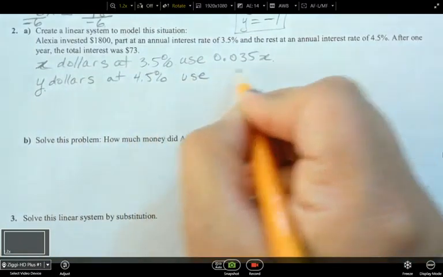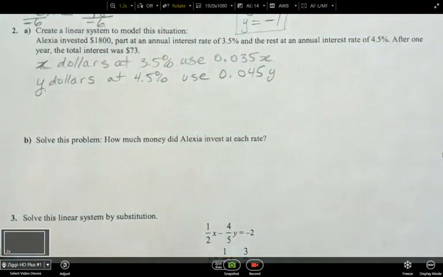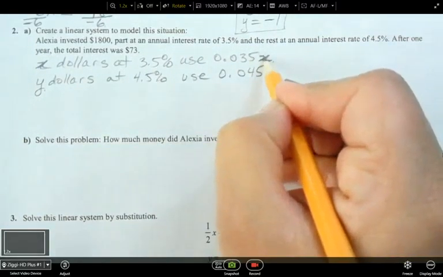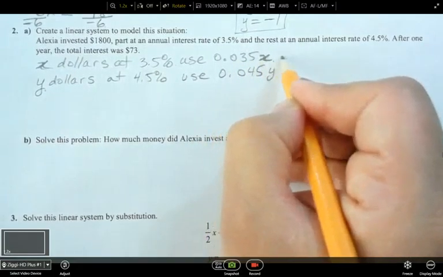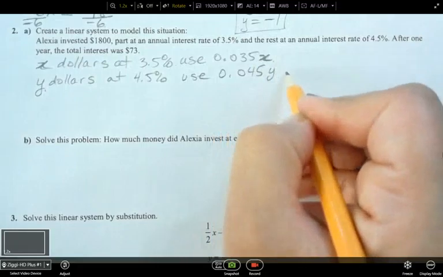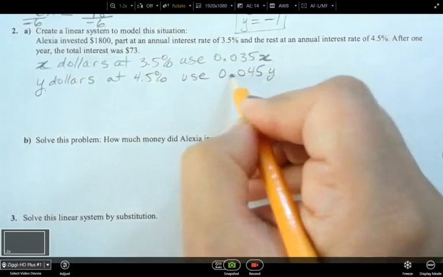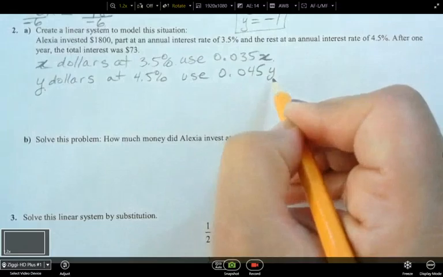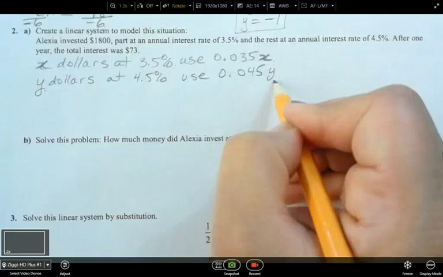Now we're going to use 0.045 times y. So if I had $100, I would multiply it by 0.035, and that would tell me how much interest I've made on that investment. For investment Y, if I had, for instance, $200, and I multiply that by 0.045, that's going to give me how much interest I've made off of that amount of money. So altogether, combined, how much interest did she make?